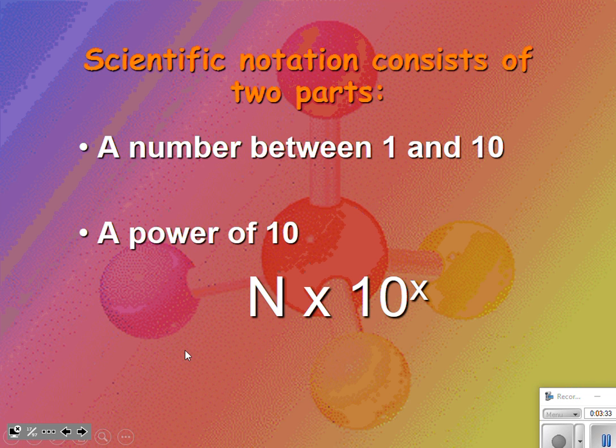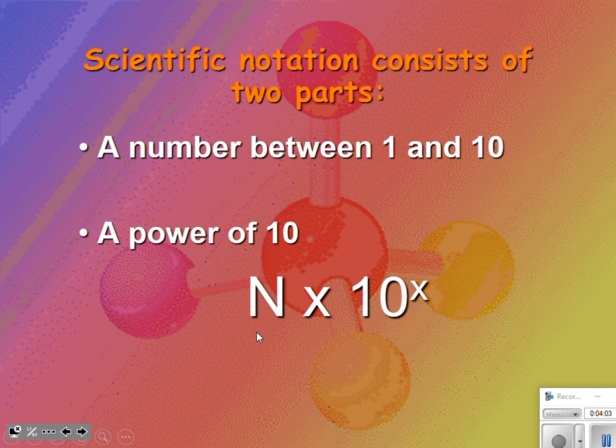So this n right here is a number that is between 1 and less than 10. So we should never have 10 as n. It should be somewhere between 1 and 9. So 1 or greater and less than 10 is our scientific notation.